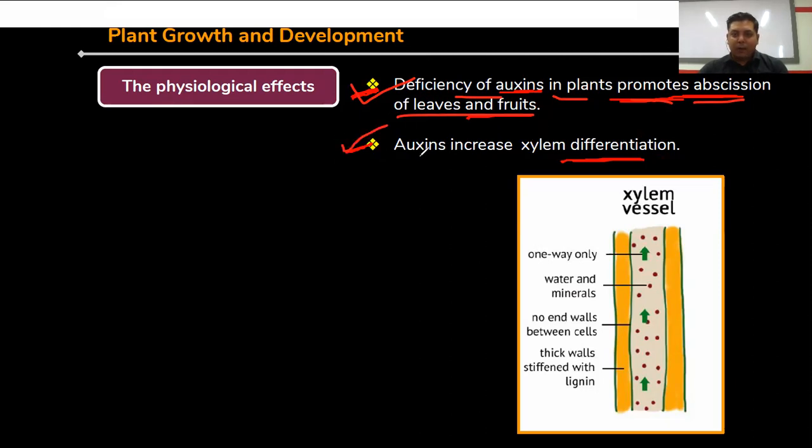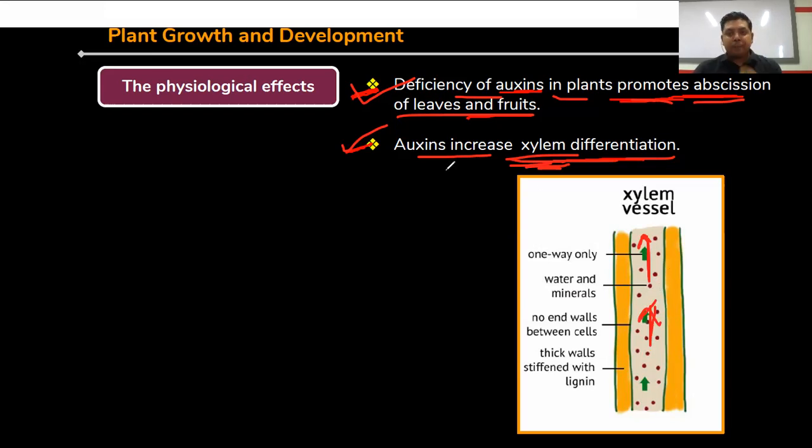This abscission, or falling off of leaves and fruits, is found when auxin is present in deficient amount in the plant body. Auxins increase xylem differentiation. You have already learned about the transportation system in plants. Xylem is involved in the transportation of water and minerals, and phloem is involved in food translocation. So why is auxin involved in xylem differentiation?